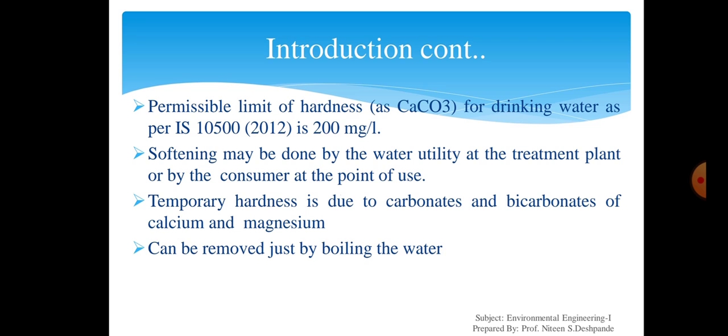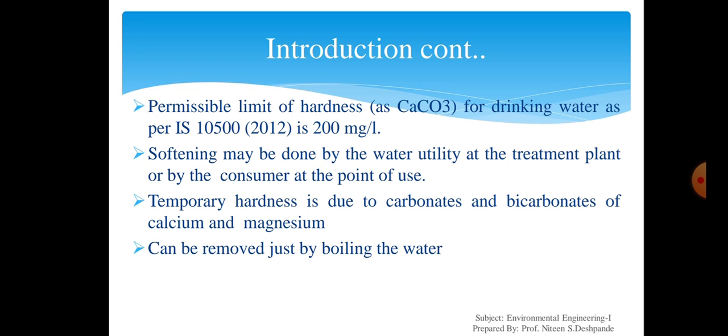The permissible limit as per Indian Standard 10500:2012 for the hardness as CaCO3 for drinking water is 200 mg per liter. So we should reduce the hardness of water to less than 200 mg per liter. Softening may be done by the water utility at the treatment plant or by the consumer at the point of use.